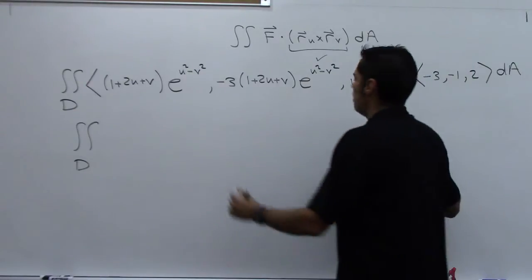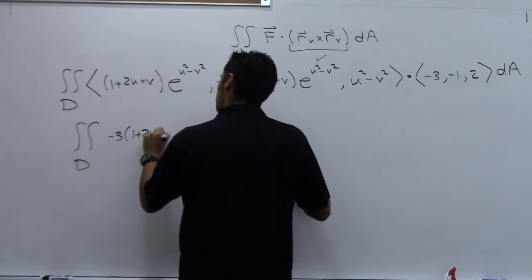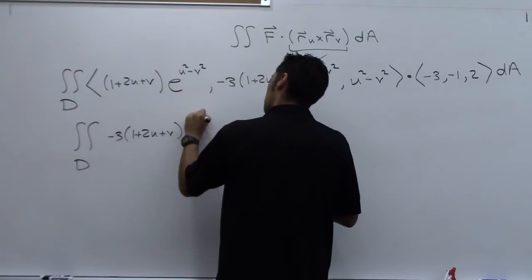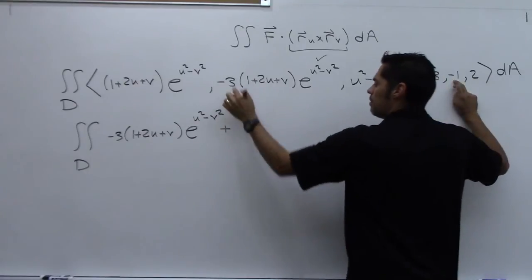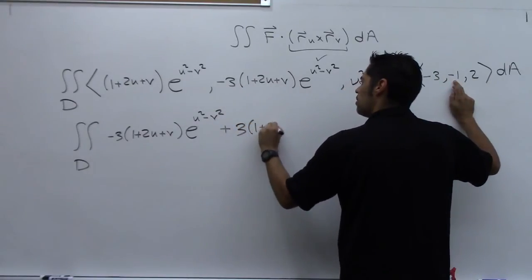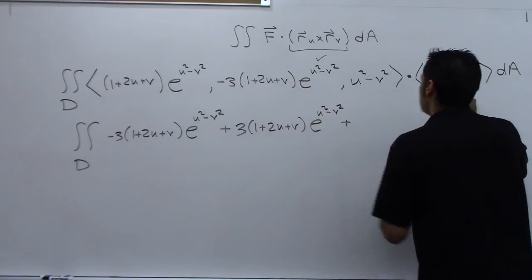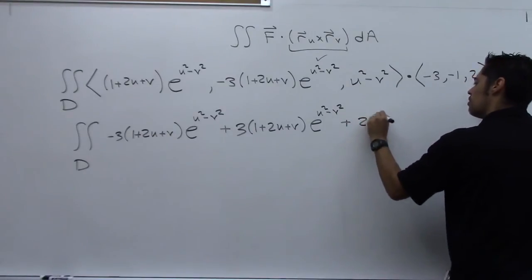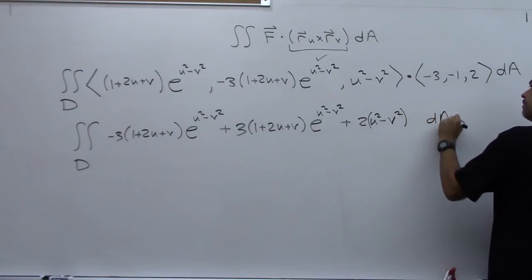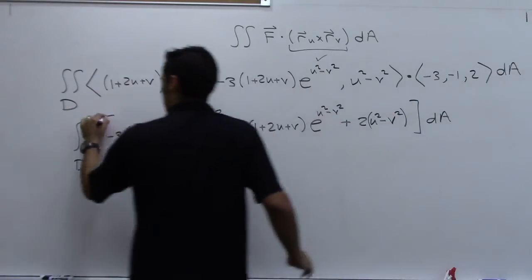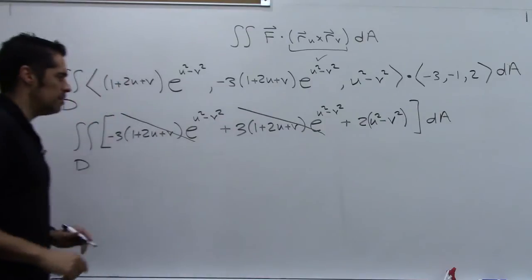When I do -3 times this, I get -3, 1 plus 2u plus v, e to the u squared minus v squared, plus, because it's a dot product, -1 times this makes that a +3, and then 1 plus 2u plus v, e to the u squared minus v squared, and then plus 2 times this, which is 2 times u squared minus v squared. All right, dA. So all of that. And notice that these two are opposite in sign, but they're exactly the same, so those go away. Gosh, we got real lucky there.